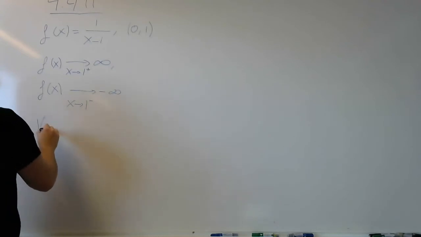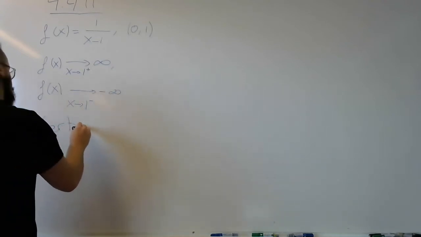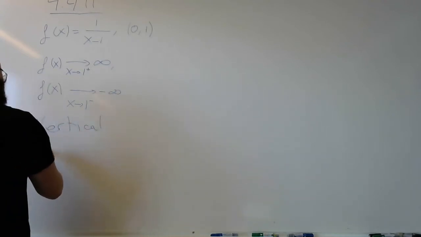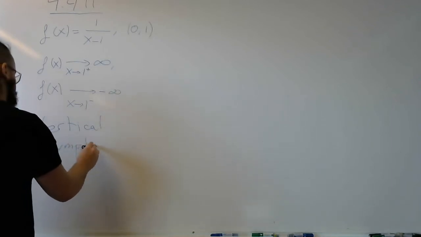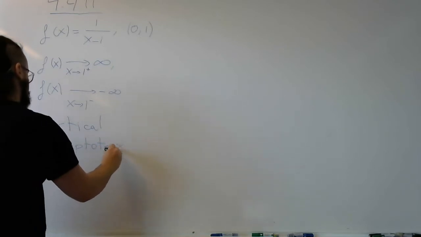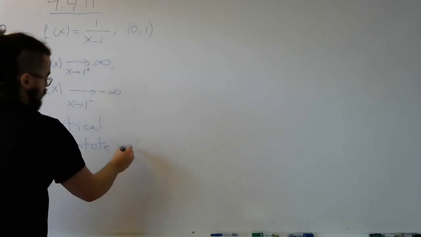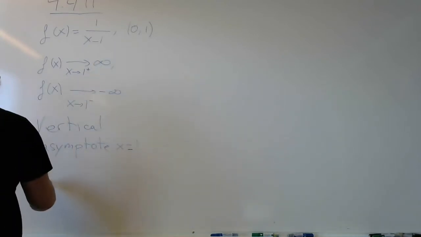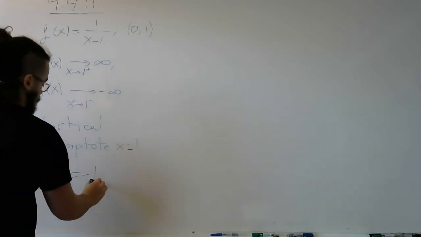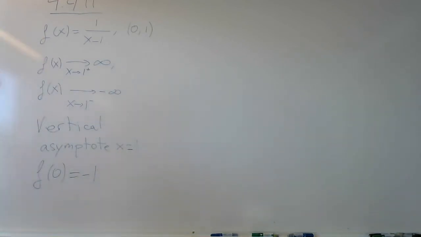So we have an asymptote. Looking at the other extreme on the interval, f of 0 is -1. So we don't have a problem here.